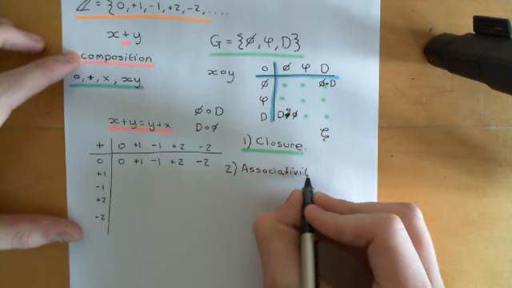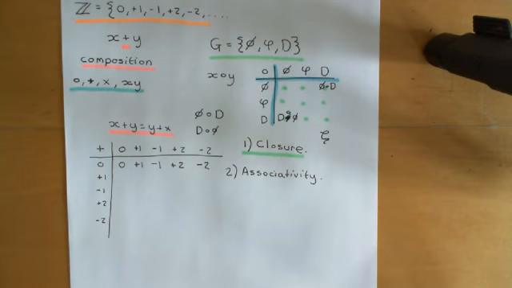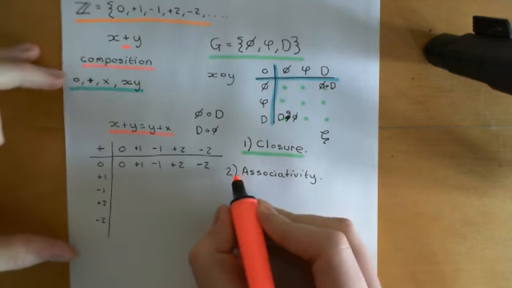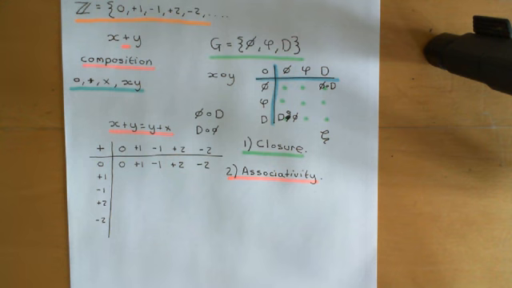Associativity. So algebra really is just the study of associativity. This is the absolutely key property of groups, basically, and of most algebraic structures. So let me explain then what associativity means.